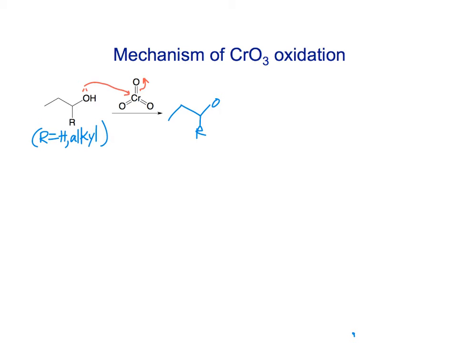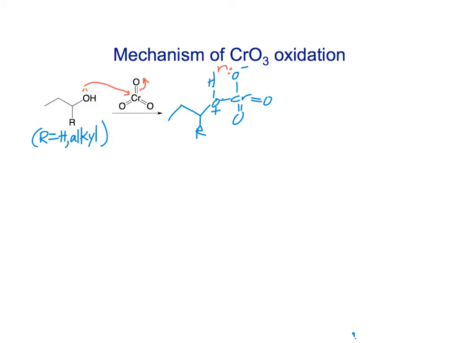This gives us the H still here, chromium O minus up there, double bond, plus. I'm going to show this in one step. It doesn't necessarily have to happen this way. It could happen in two steps, but I'm going to show the oxygen here gets protonated, and the oxygen with a plus gets deprotonated.